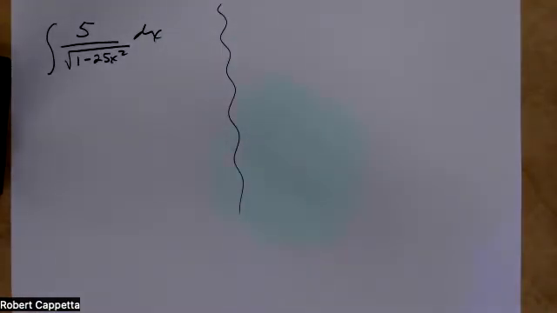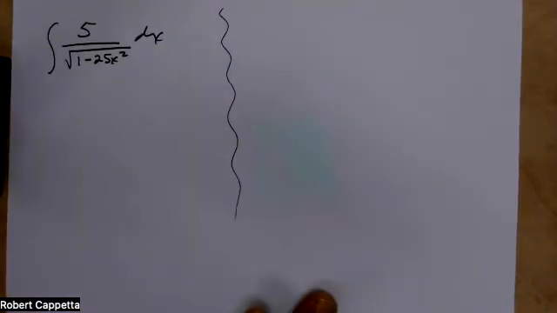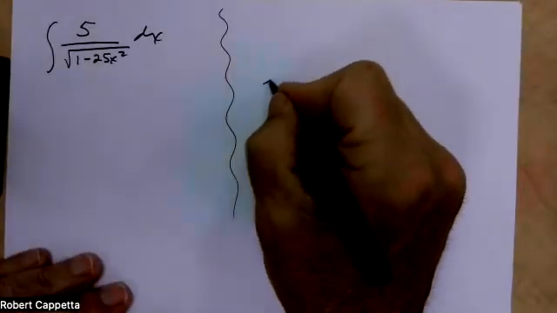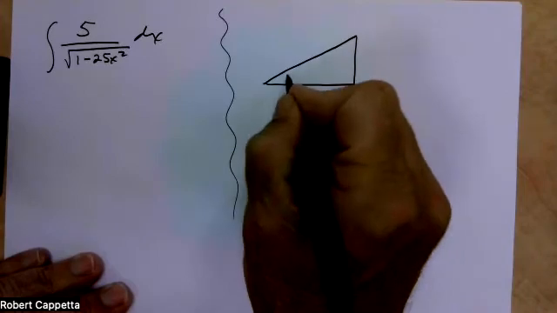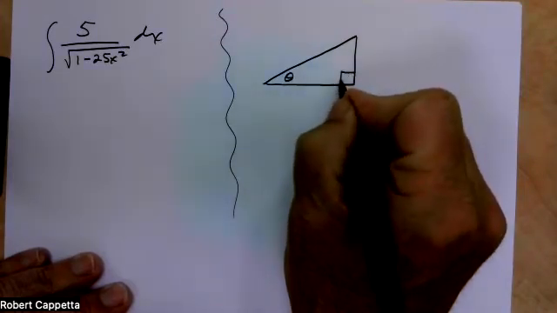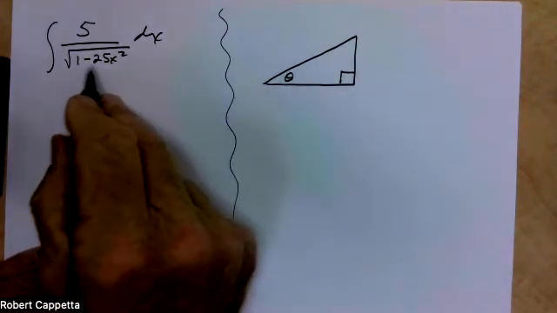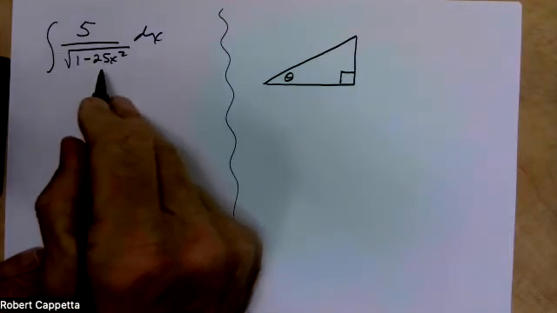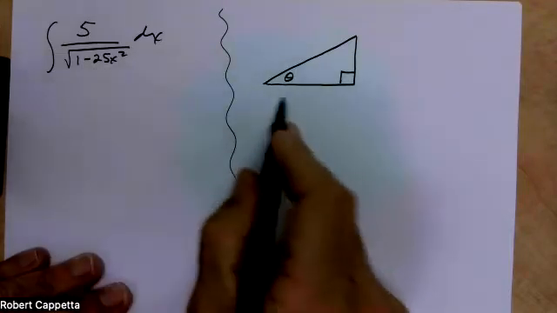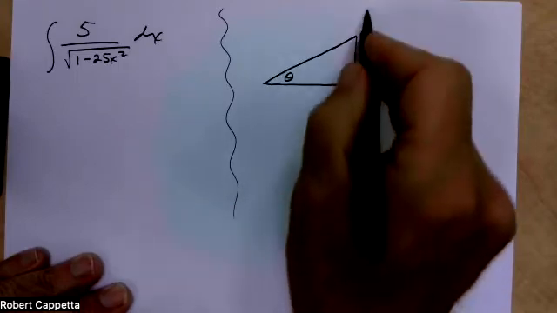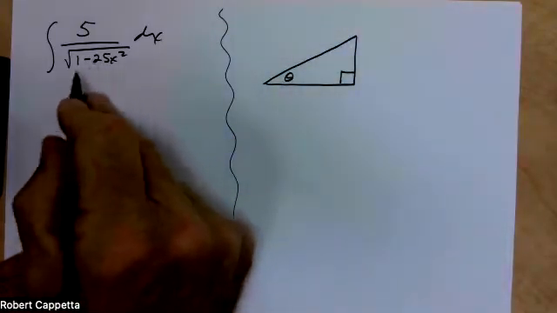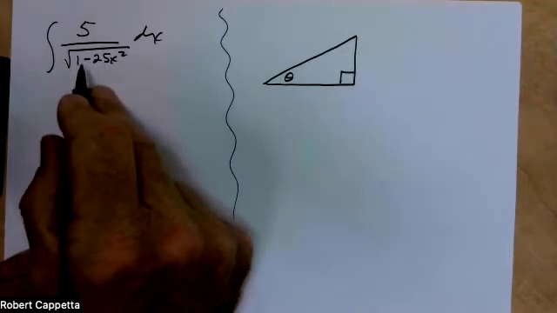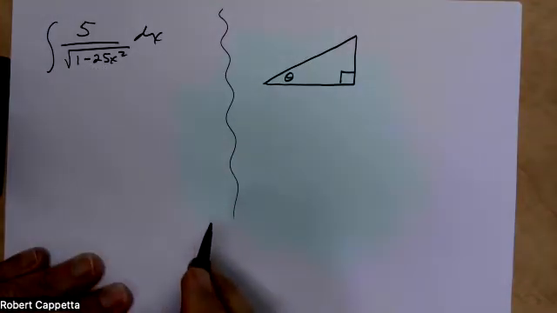Well, just like the last problem, I am going to build a triangle, a right triangle. I will use theta as the angle this time. And one of the sides will be the square root of 1 minus 25x squared. It could be the horizontal side, it could be the vertical side, but it could not be the hypotenuse, because the hypotenuse would have to just be a single number or possibly an addition, but not a subtraction.